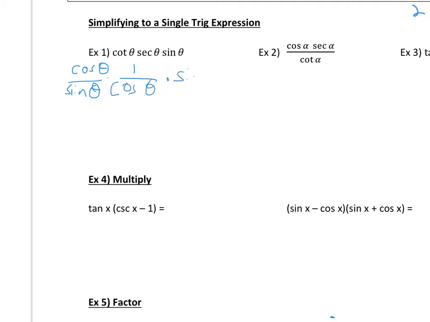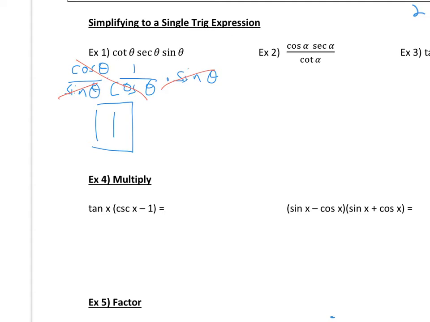And then we have just a sine function out to the right here. So if you notice, the cosines will cancel, the sines will cancel, and what we're left with is just 1. So that's what's meant by condensing it down to a single trig expression.